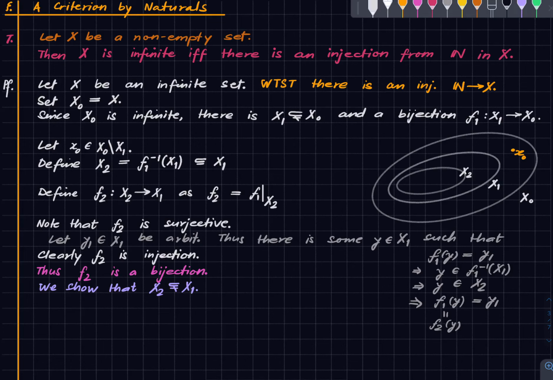So let x1 in capital X1 be the element such that F1(x1) is equal to x0.